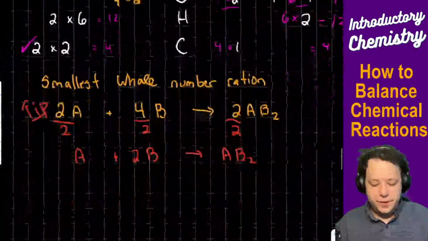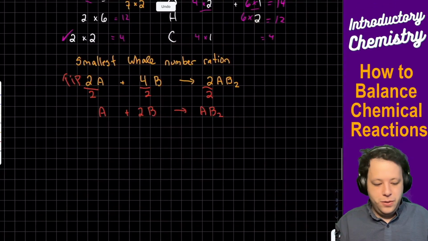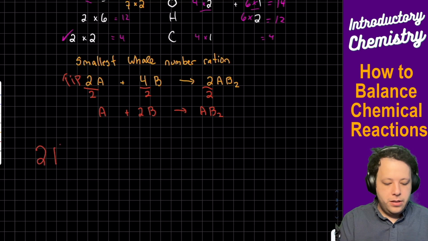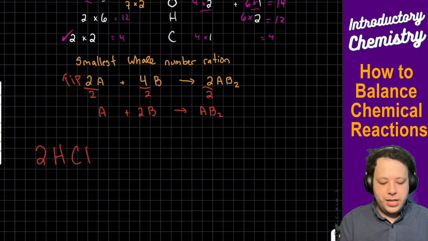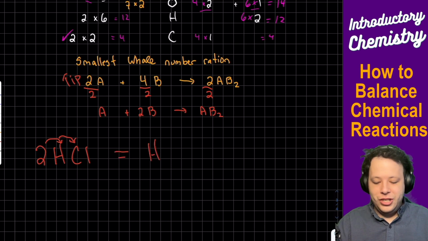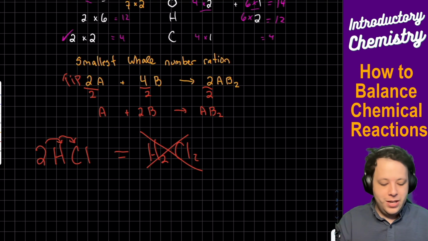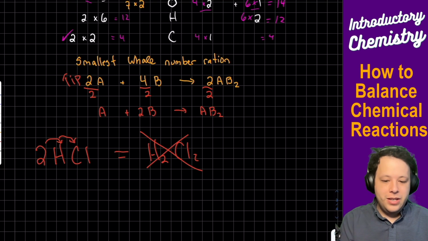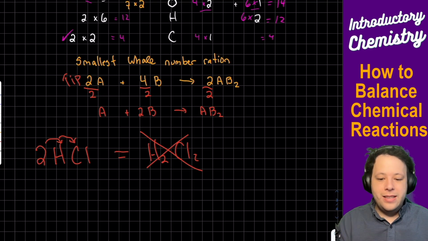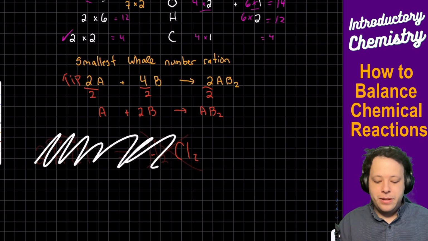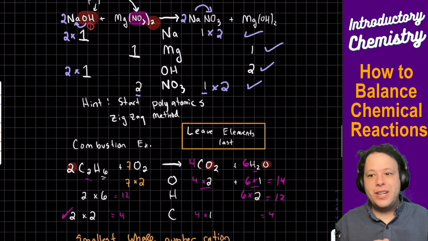If I have that 2HCl, we're not going to carry out the math on that and make it H2Cl2. That is not correct. Coefficients just tell you that you have a total number of molecules. So we have 2 HCl's in this particular problem. That's another tip with that. We're just adding up different mole values when we're counting these.